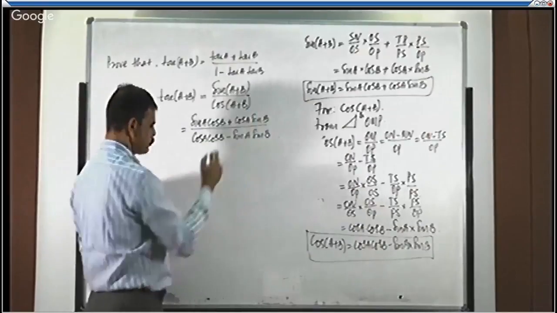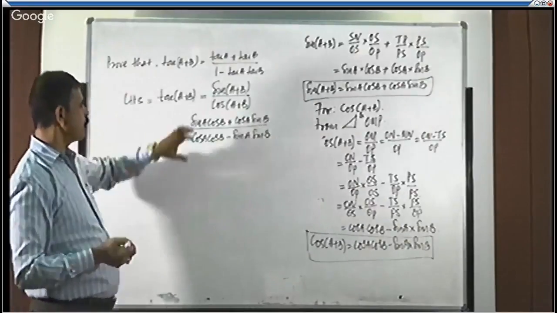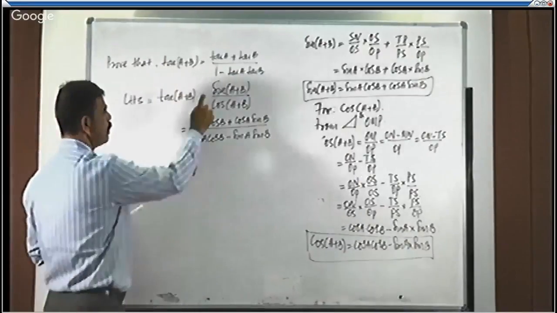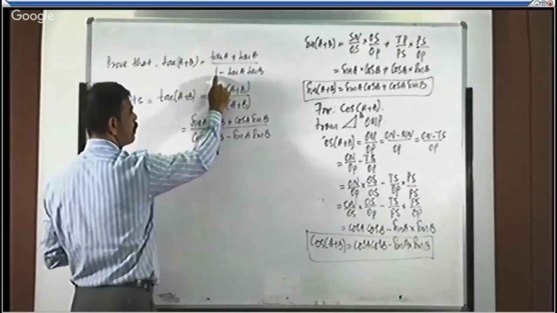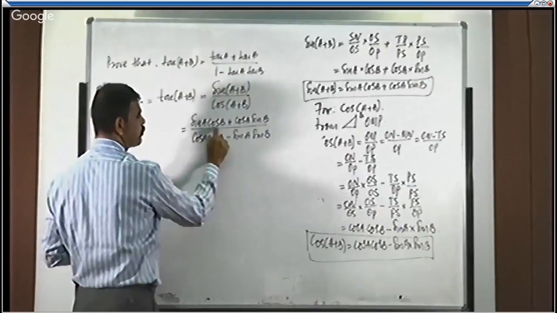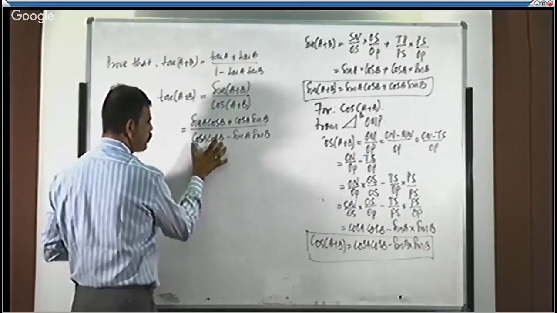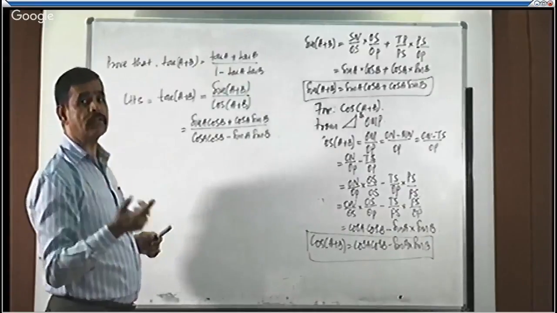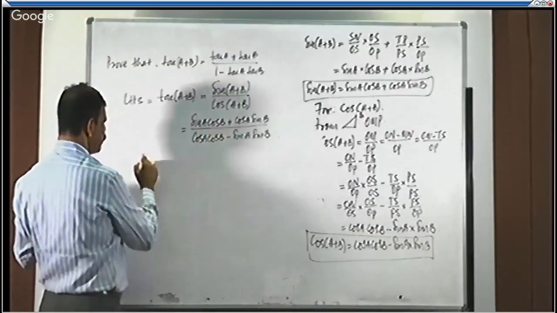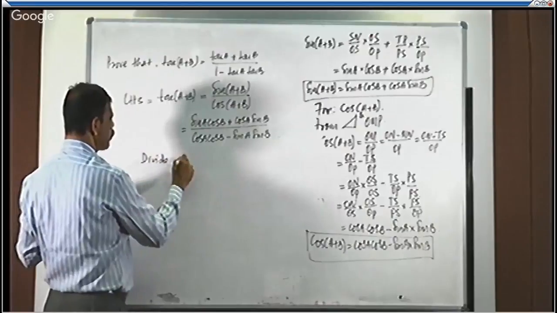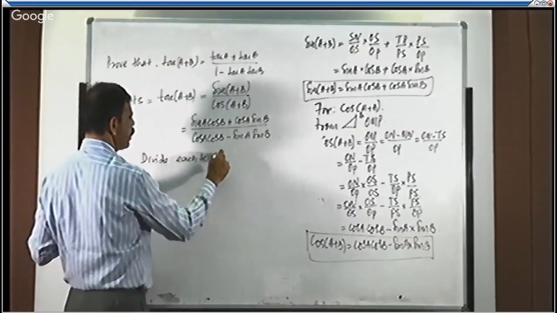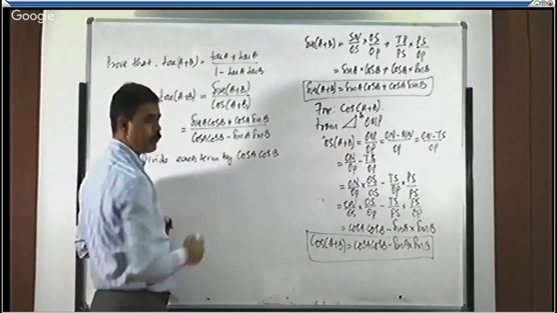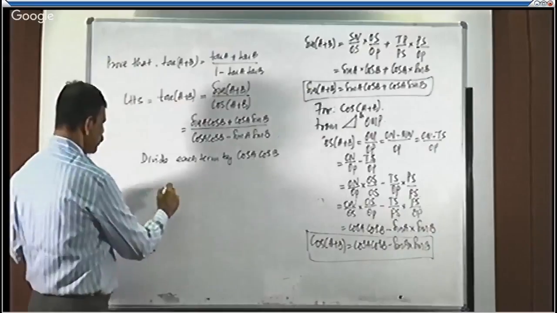Is it right? So, to establish the relation in tan A tan B, what we should do? Say here we need 1. How it will get 1? By cancelling this, by dividing with the same term. We cannot divide it for single term, right? We should divide it for all terms. Therefore, divide each term by cos A cos B, right? That becomes what?